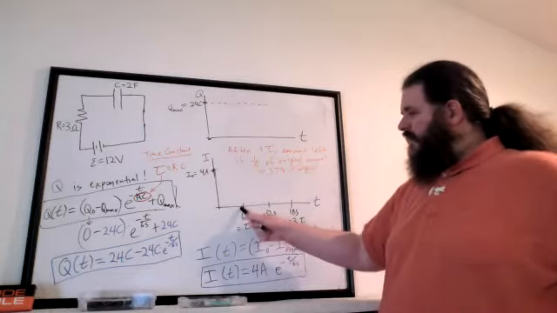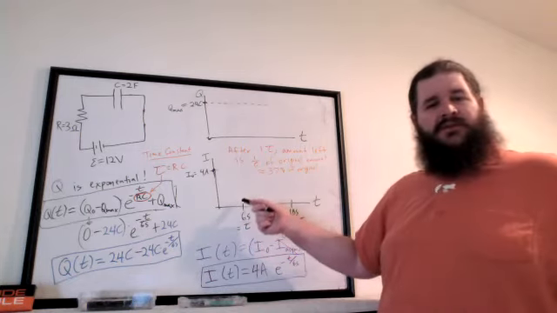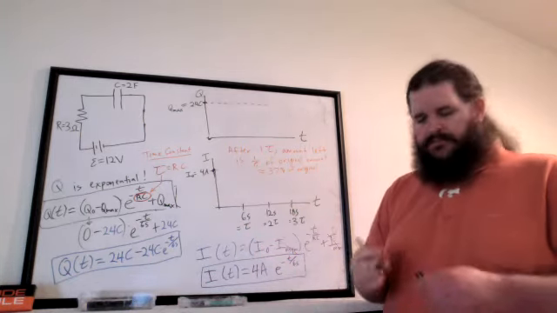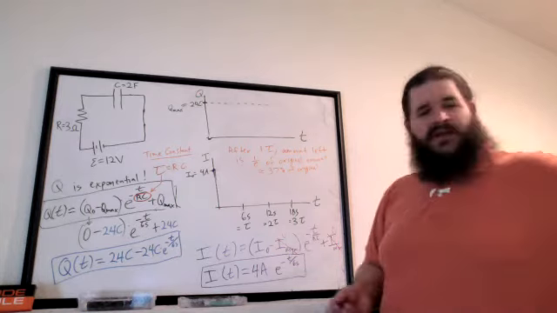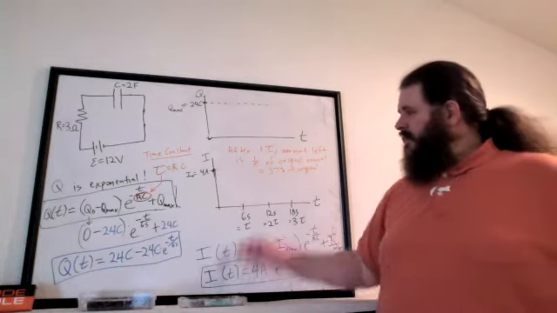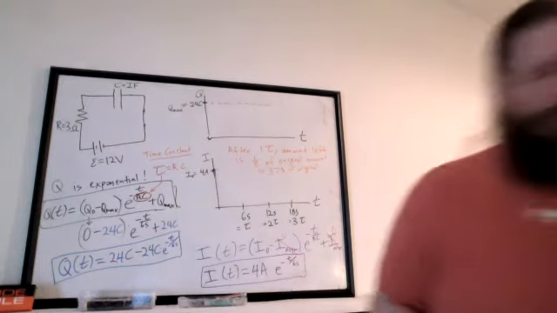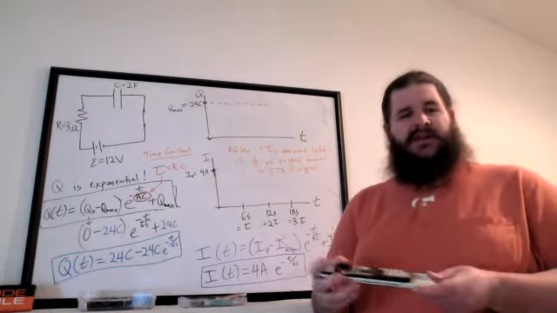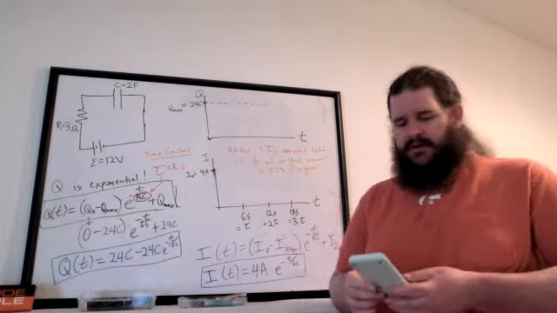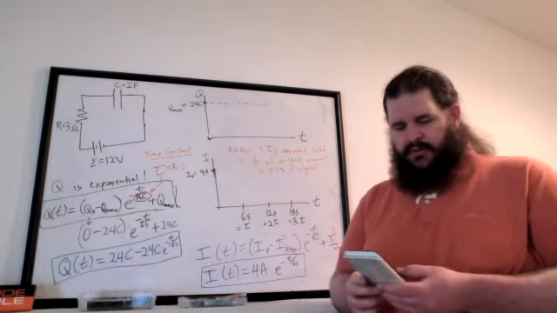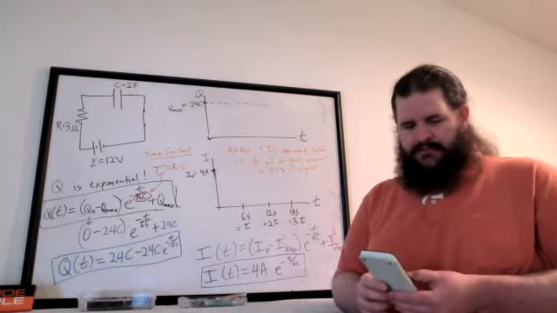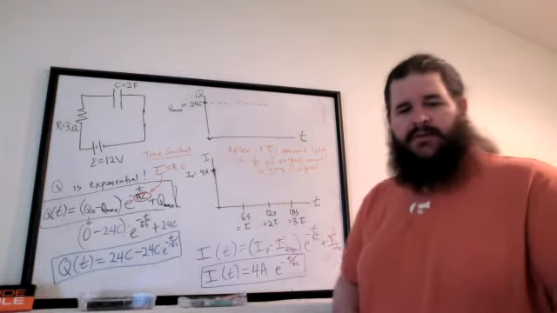So after 6 seconds, we should be left with 37% of the original current. Or more precisely, 1 over e of the original current. So we take 4 amps and divide that by e. And that'll tell us how much current is still flowing after 6 seconds. So 4 divided by e is about 1.47.